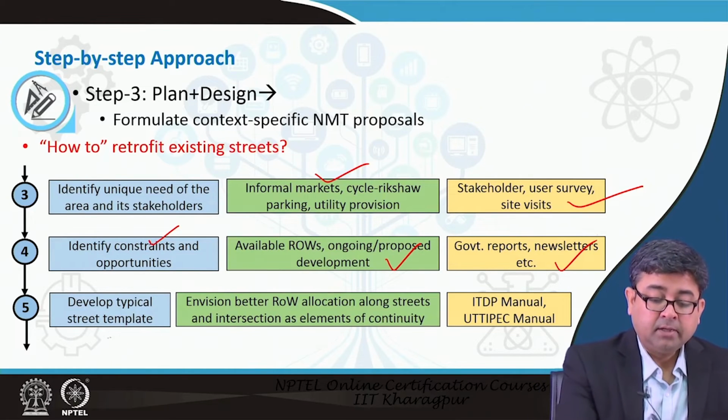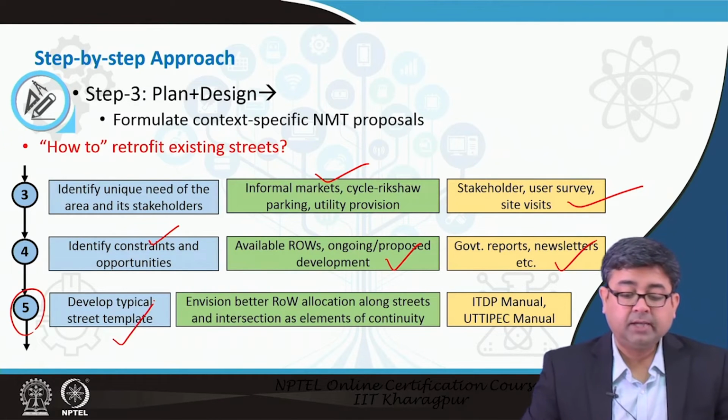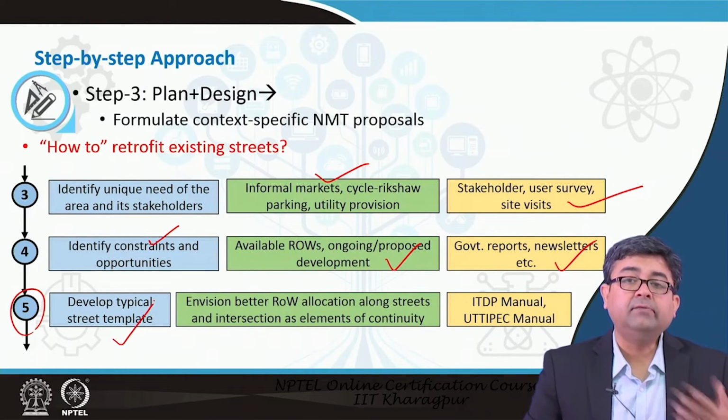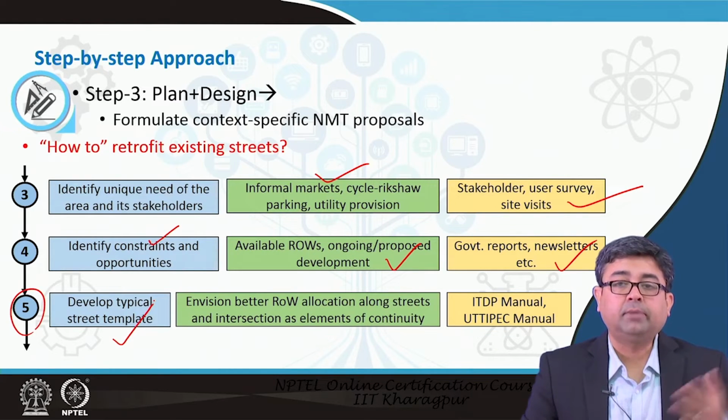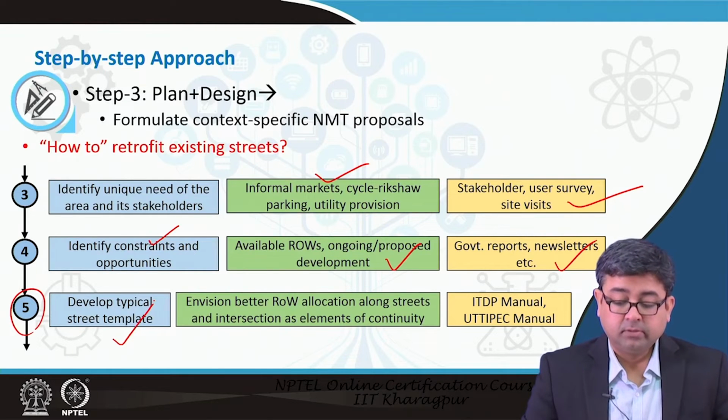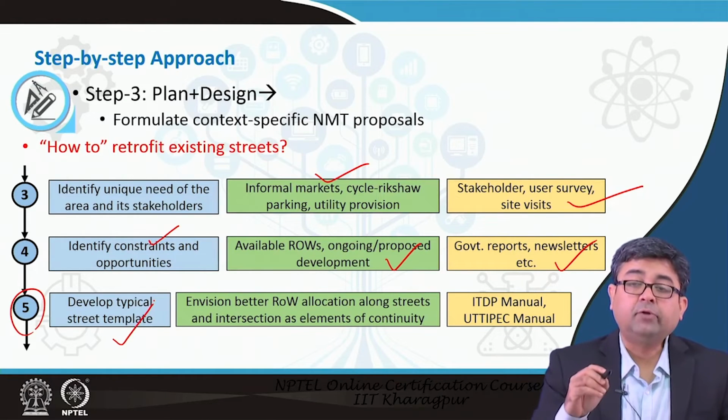Then the fifth step would be to develop a typical street template. So, now you have to envision, you have to design. Before putting it on pen and paper, you have to at least have a sketch or an idea of what you need to do and how it will look once you implement it, right. So, you have to have the right tools to envision this.